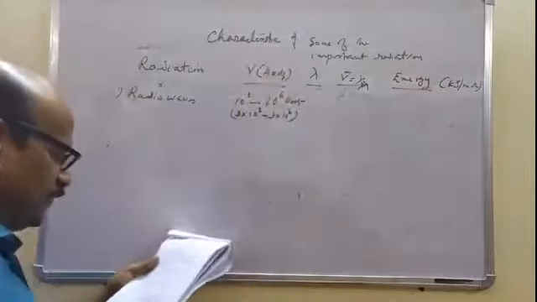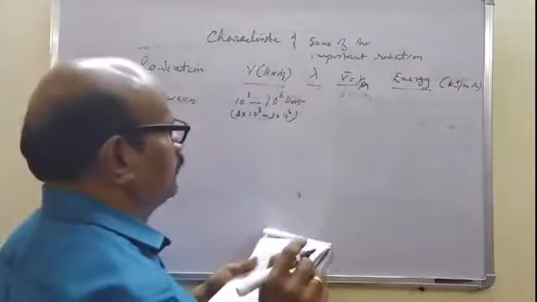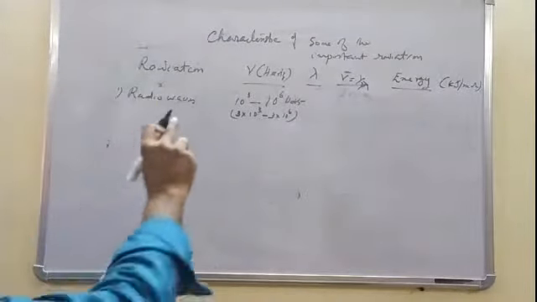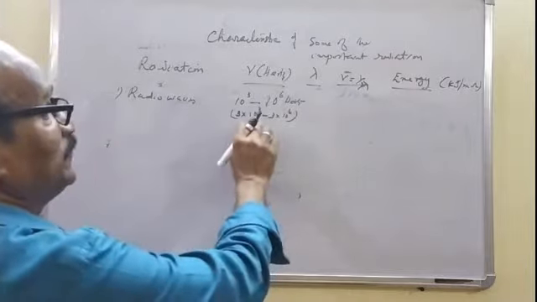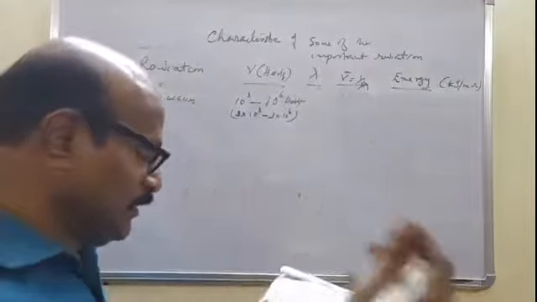This is the frequency, and the wavelength is extremely small. The frequency is very small, so that the wavelength is very high. Wavelength is extremely very high.